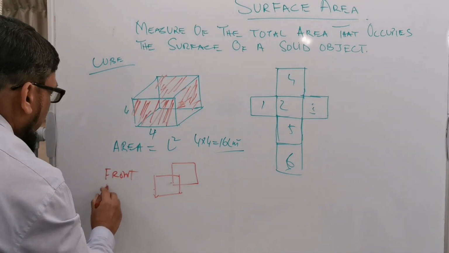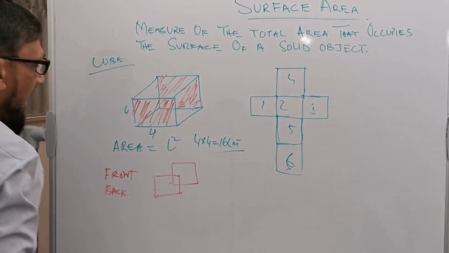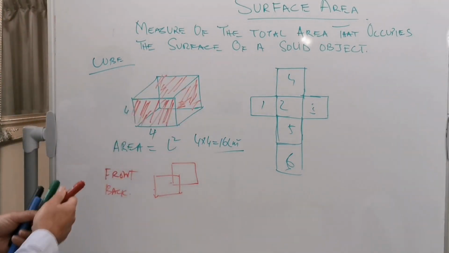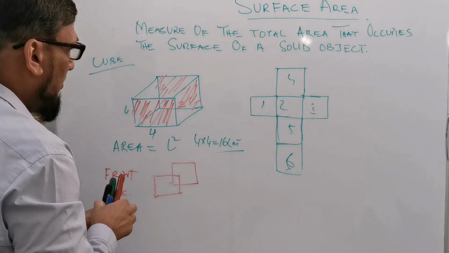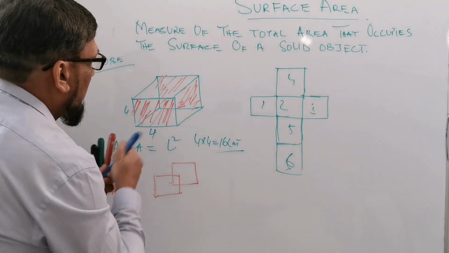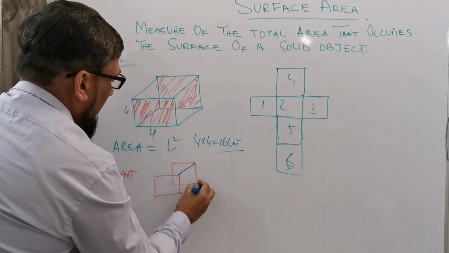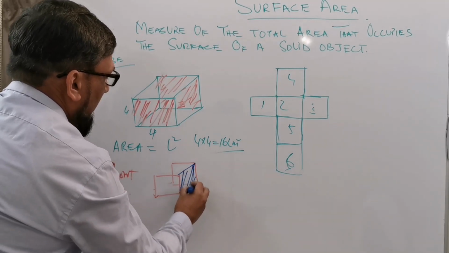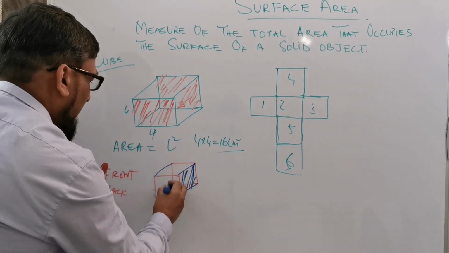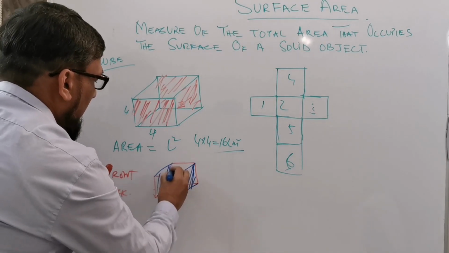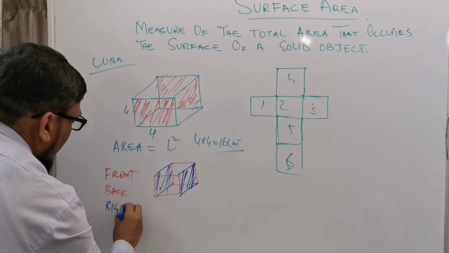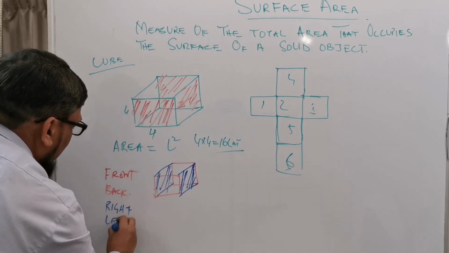And if I say the right hand side and the left hand side, look at this one. I shade this one, the right hand side, and you can shade this one, the left hand side.